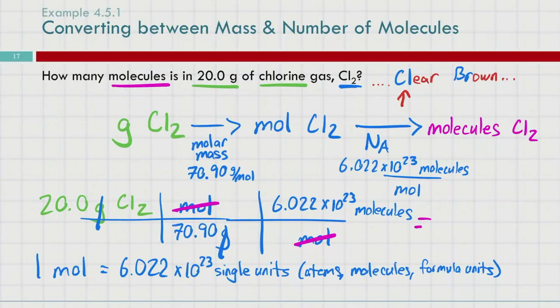So our moles cancel, and then we multiply the things on top, divide the things on the bottom, in whichever order you would like to do them.